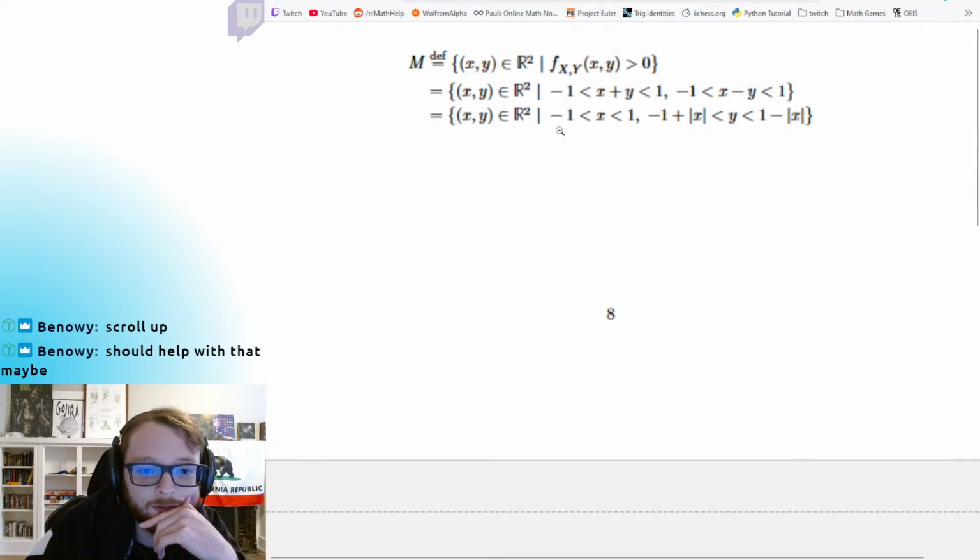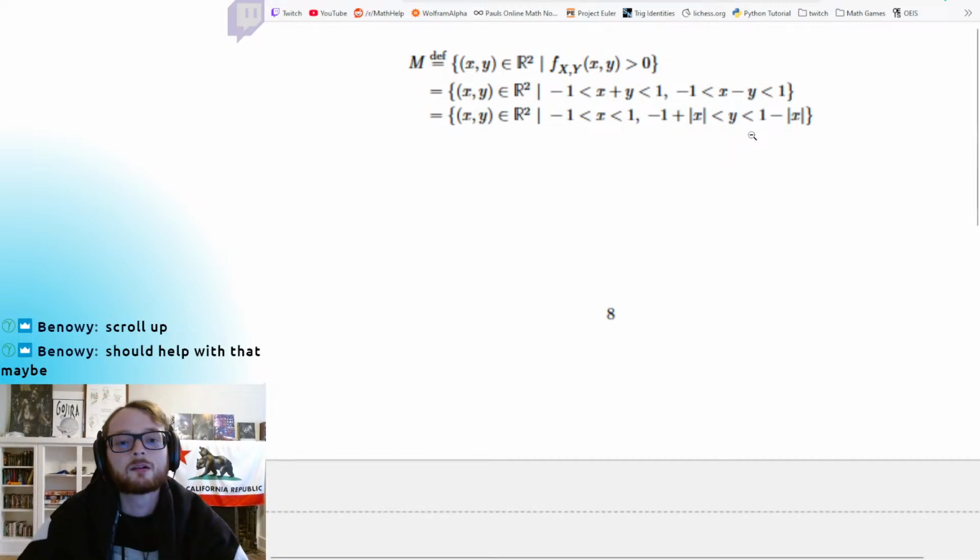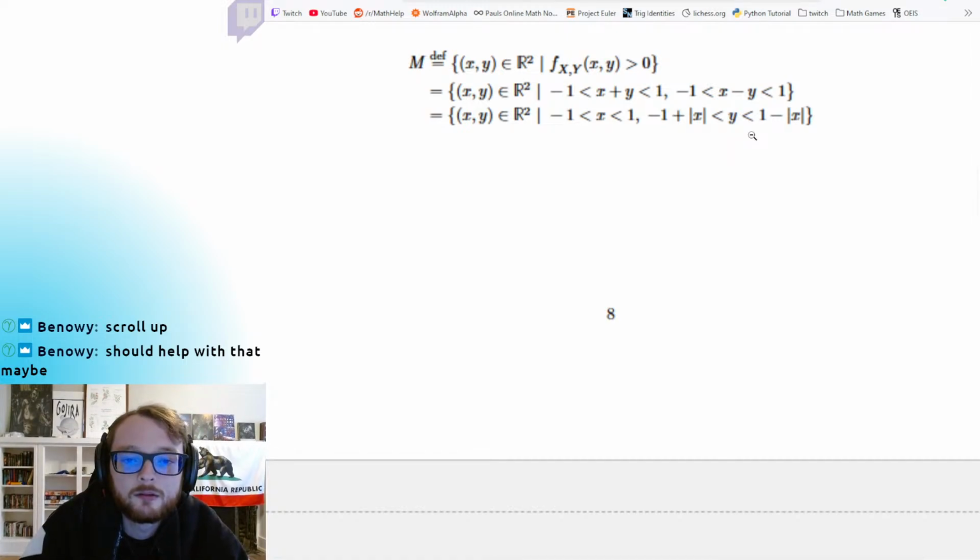So we're taking x to go from -1 to 1, which means y goes from -1 plus the absolute value of x to 1 minus... What? Why? That's so weird to me.